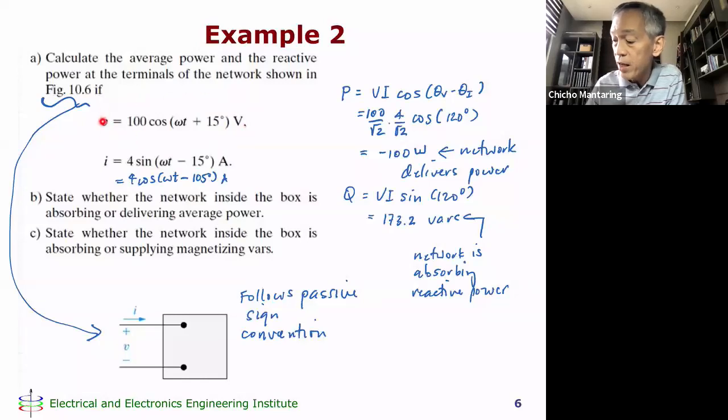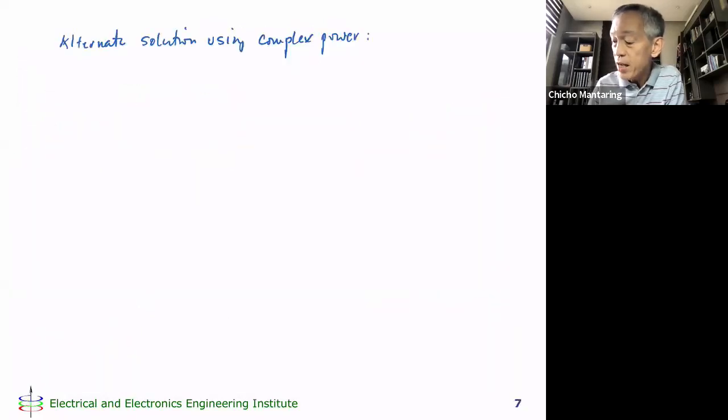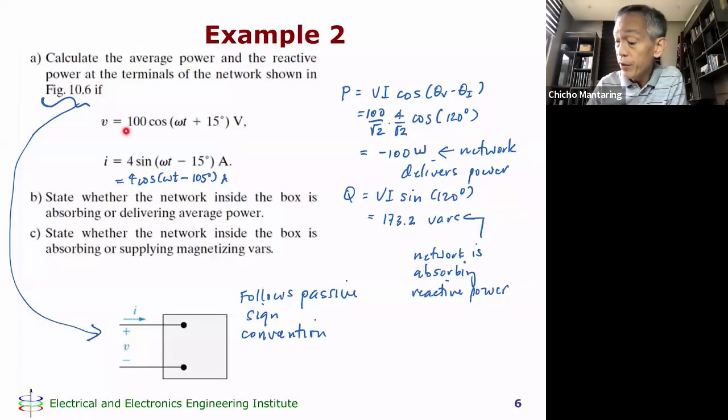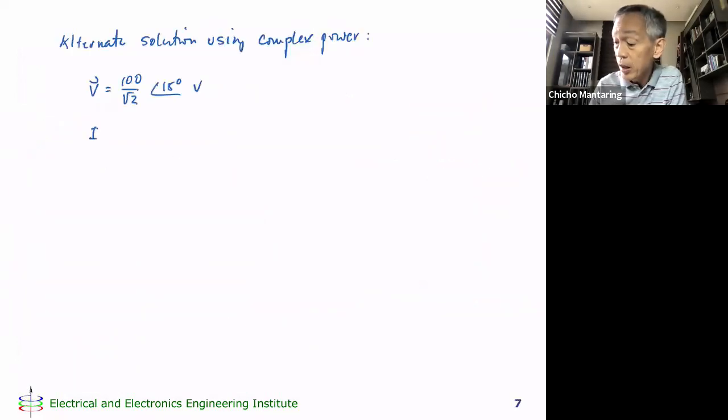The equivalent phasor of V is equal to 100 over the square root of 2 at an angle 15 degrees. Right? And the equivalent phasor of I is equal to 4 over the square root of 2 at an angle 120 degrees. This is amperes.